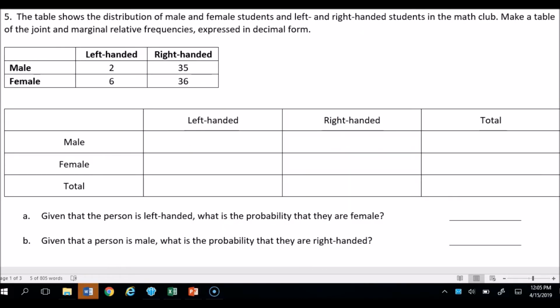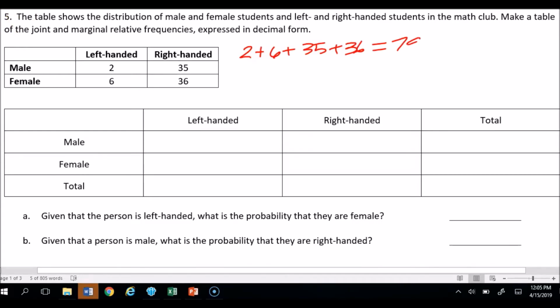So for number 5, it says the table shows the distribution of male and female students and left and right-handed students in the math club. Make a table of the joint and marginal relative frequencies expressed in decimal form. So the very first thing we need to do is add up these numbers: 2 plus 6 plus 35 plus 36. And when we do that, that's 79.